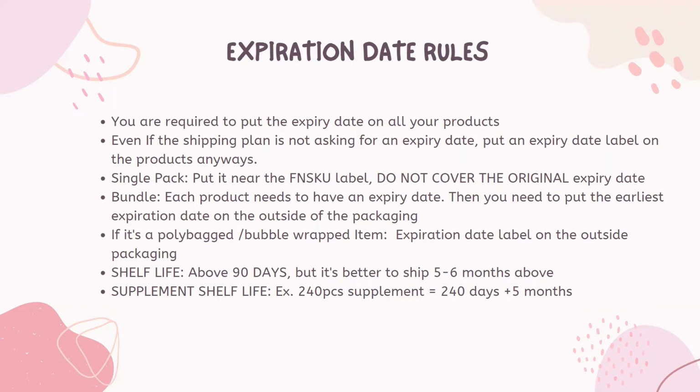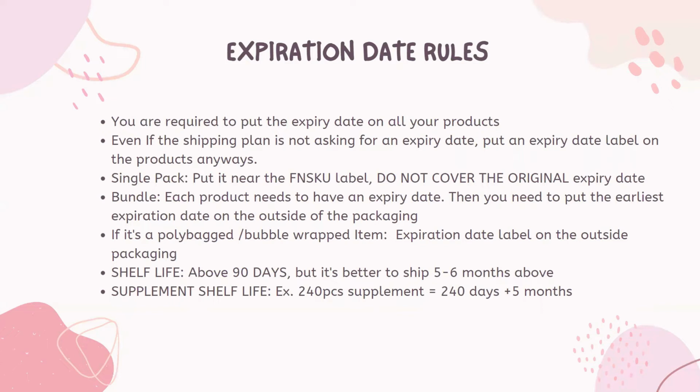If your product is polybagged or bubble wrapped, make sure to put the expiry date label on the outside packaging, so they can see it. The reason I put the expiry date outside is, for example, for glass especially, or something liquid, we put it in a polybag.